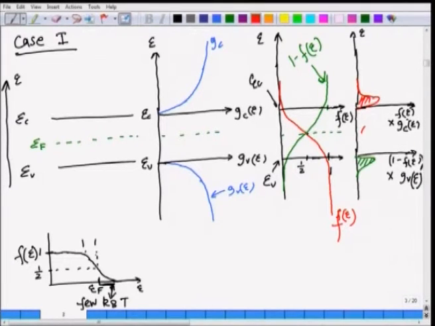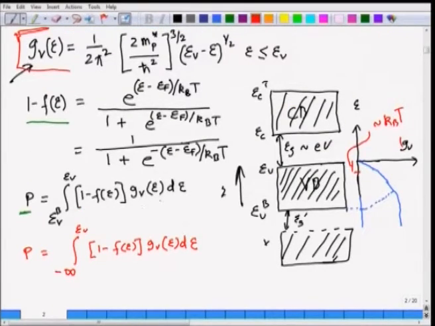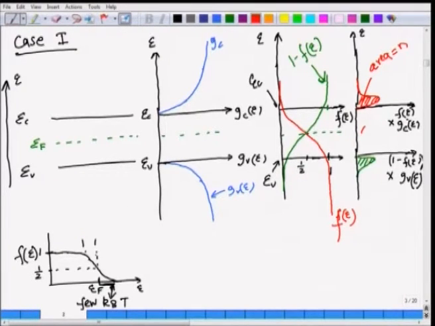This area is equal to n. Remember, this integration leads you to n, and similarly this particular integration leads to P, and hence I am going to write that this shaded area is equal to P by the same logic.